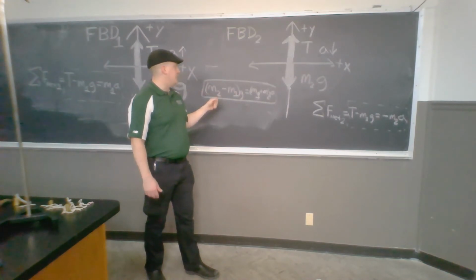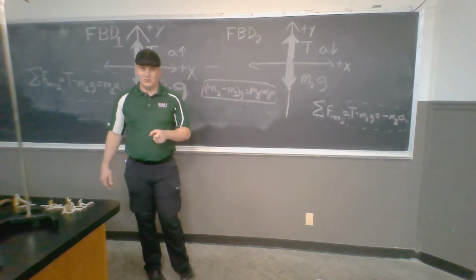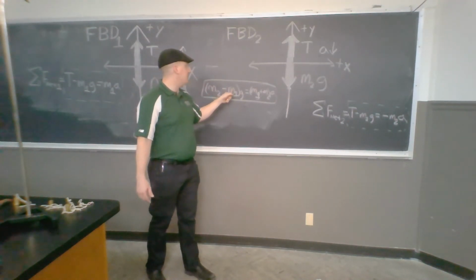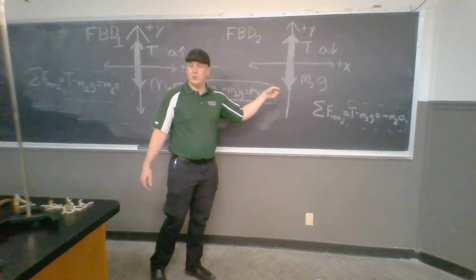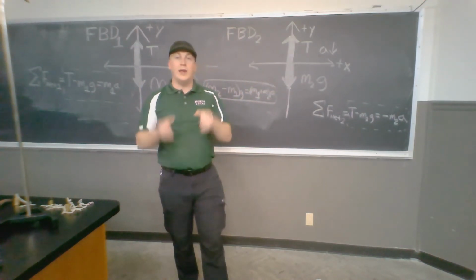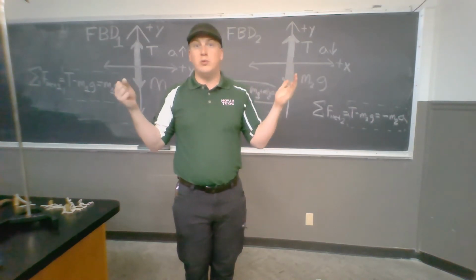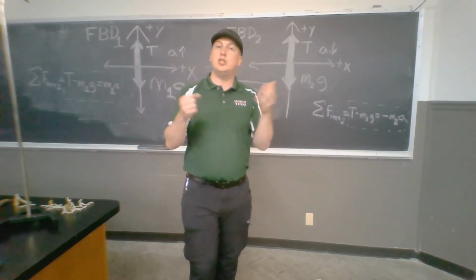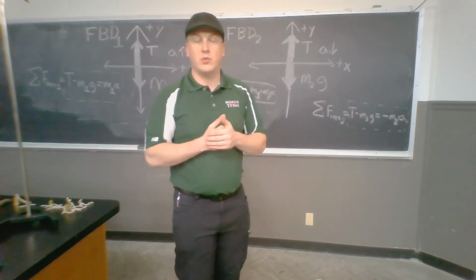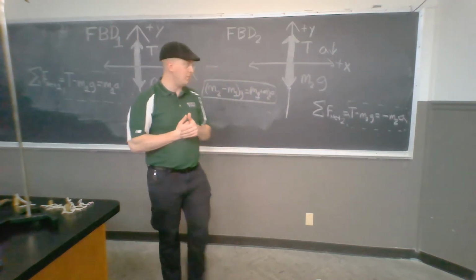In this case, if M2 is equal to M1, then the acceleration should actually be 0, which is what we were seeing earlier. I had two 100-gram masses attached to a piece of string, and they weren't moving anywhere. There was no change in the overall system acceleration.